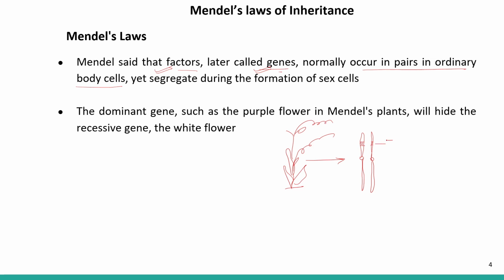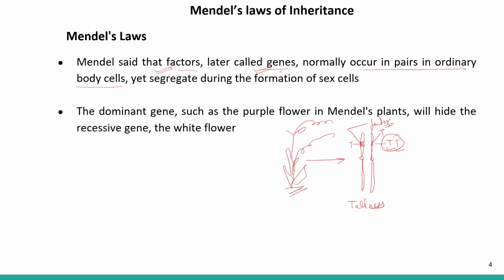This is for tallness, so I am showing capital T for the tallness of this pea plant. This is what he called a gene, or rather, for this gene for tallness, he gave the name factor.